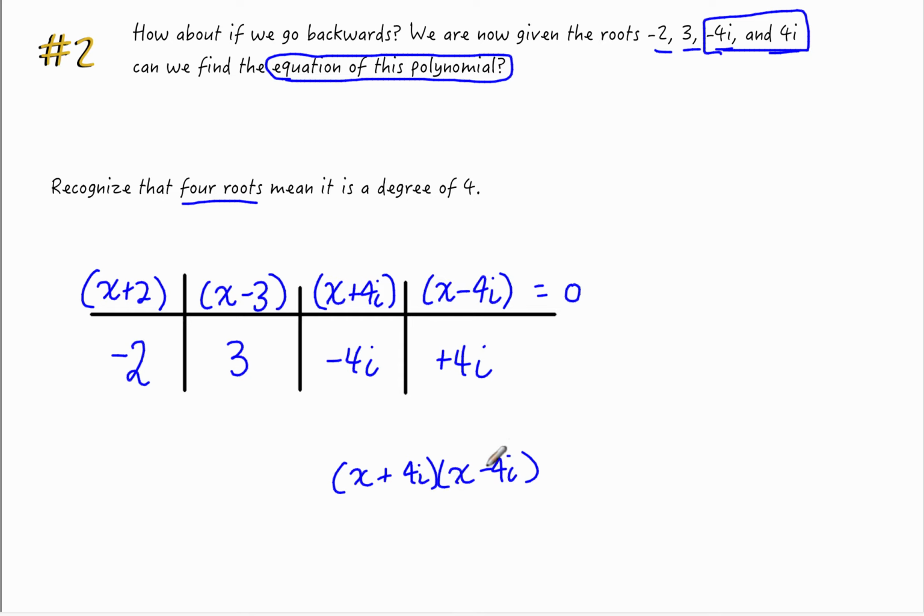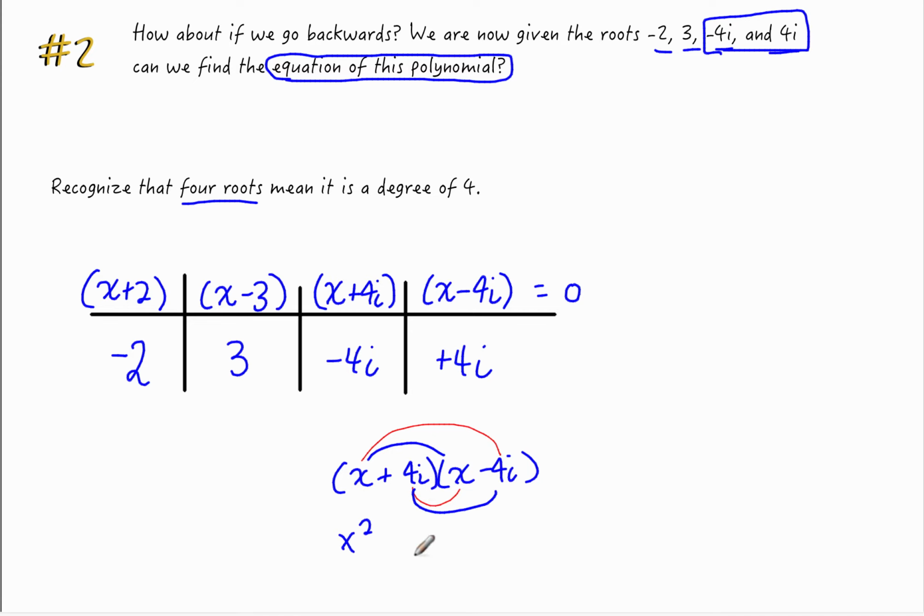Well, that's not hard to do because this is why we tortured you with factoring. You should realize that these are a difference of squares. We know that x times x is going to get me x squared, and we know that the bridge of negative 4ix and the tunnel of positive 4ix are going to cancel each other out.